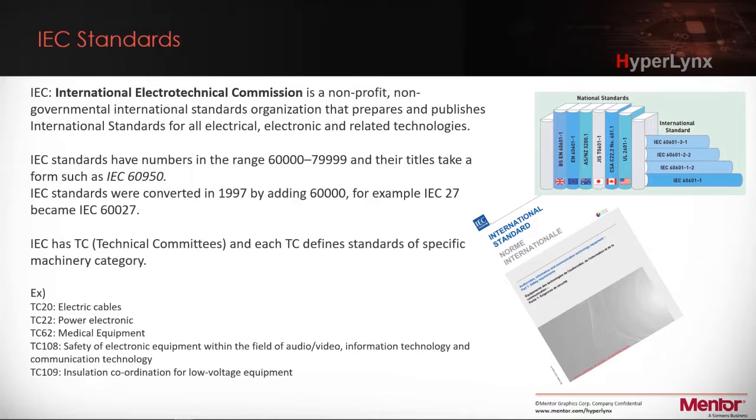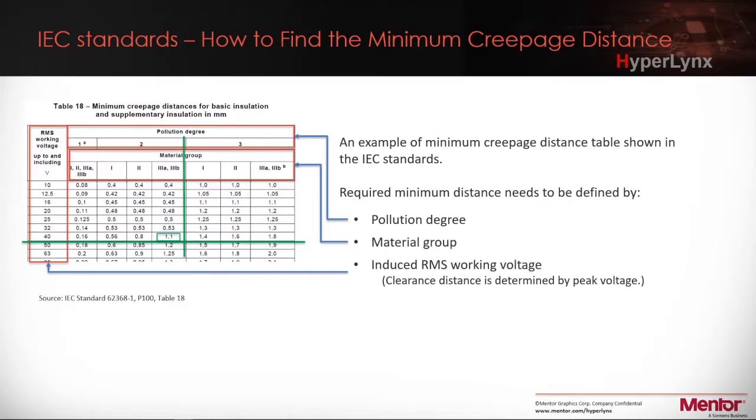Some examples are medical equipment, or audio video, or information technology, or power electronics. So as these standards are created, PCB designers will follow these standards in order to meet their requirements for safety. Each standard has a minimum creepage and clearance requirements. Though many of the standards share the same table, we need to refer to the correct table for our technology.